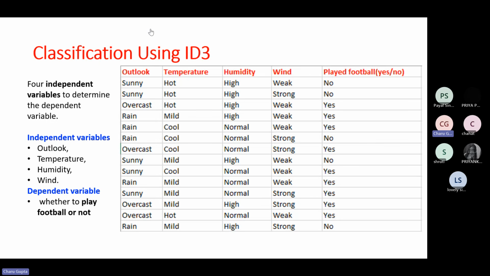Here we have four independent variables: outlook, temperature, humidity, and wind. And the dependent variable is whether to play football or not. So this is a table which may be given to you.